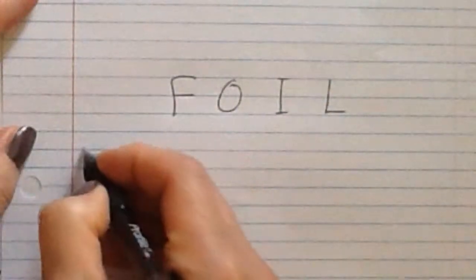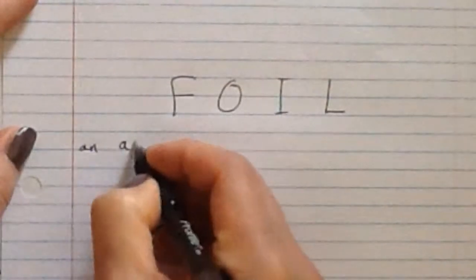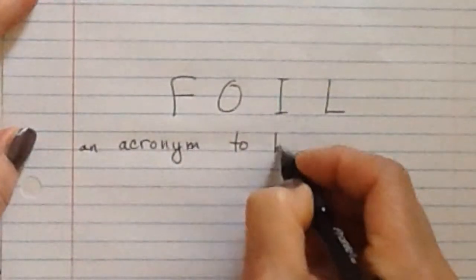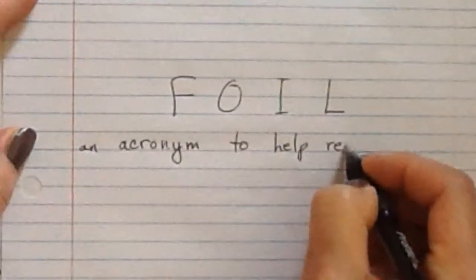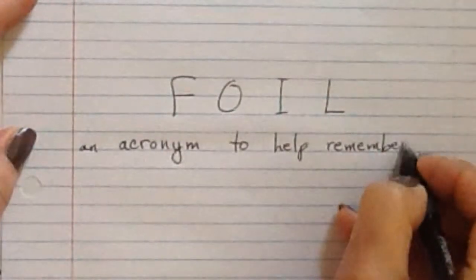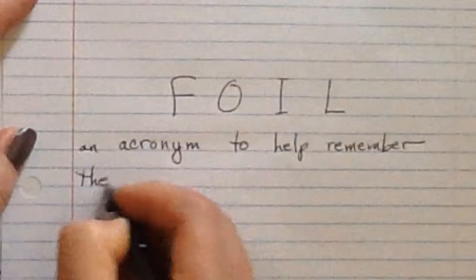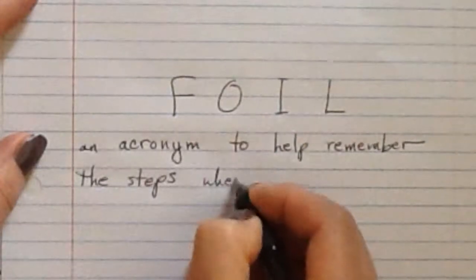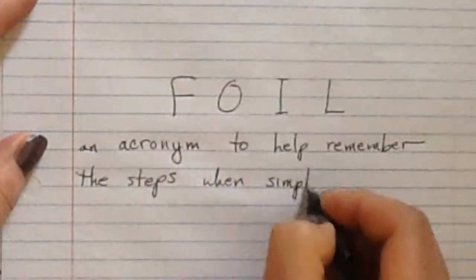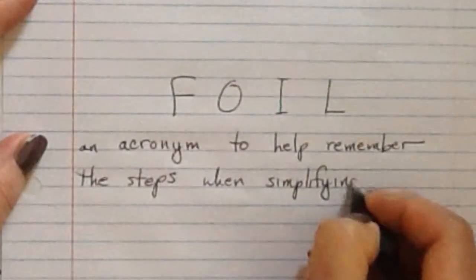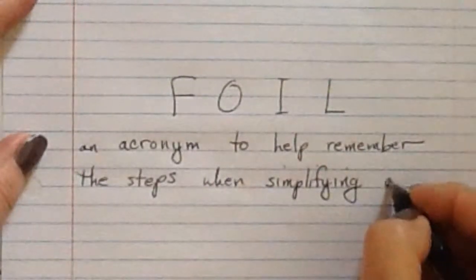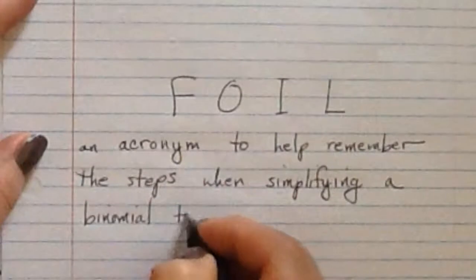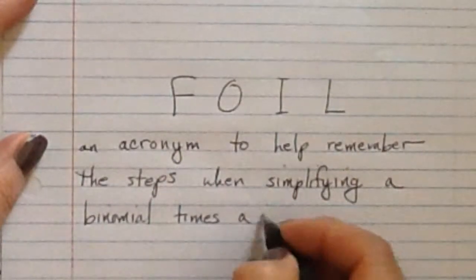All right, FOIL is an acronym to help remember the steps when simplifying a binomial times a binomial.